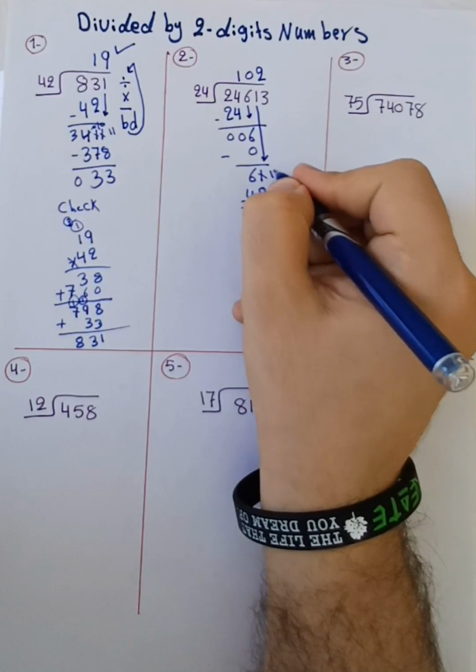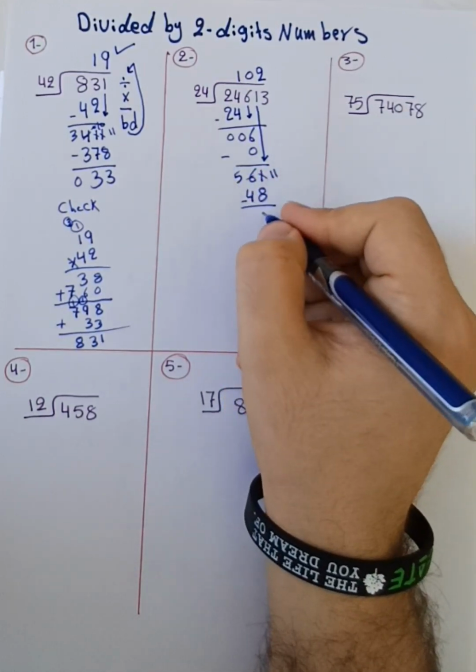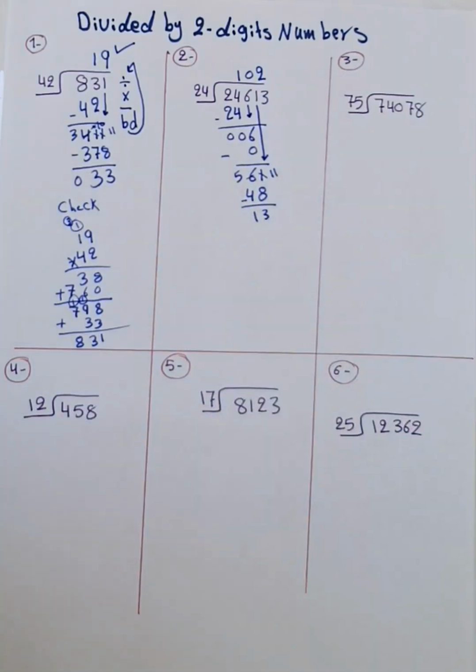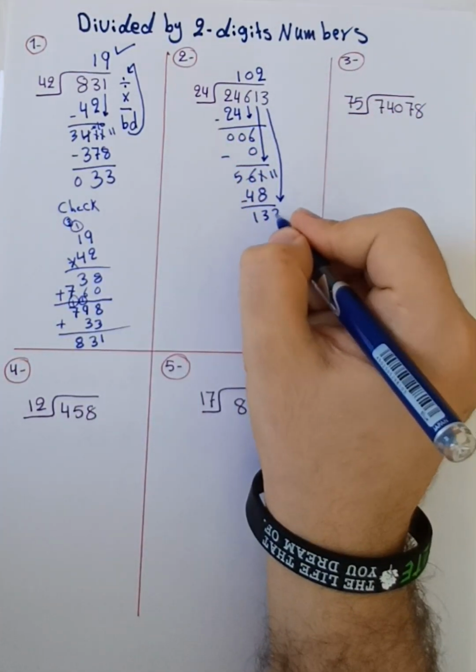This one becomes 11 and 6 becomes 5. 11 minus 8 is 3 and 5 minus 4 is 1. After that you have to bring down the last number 3.